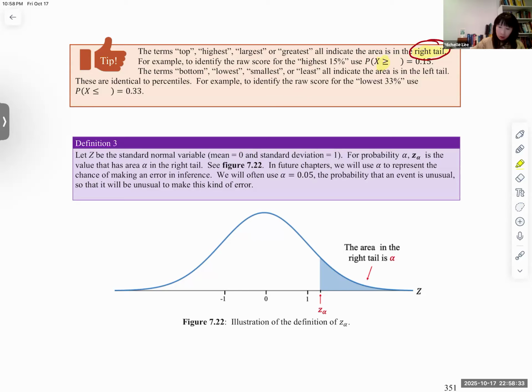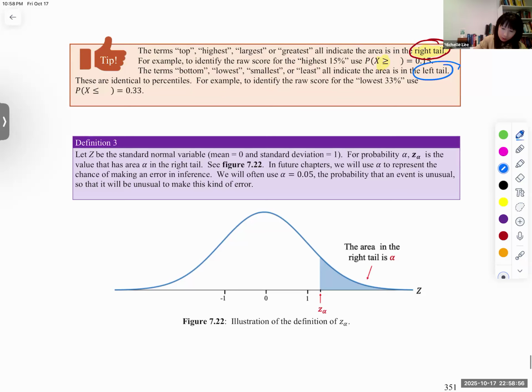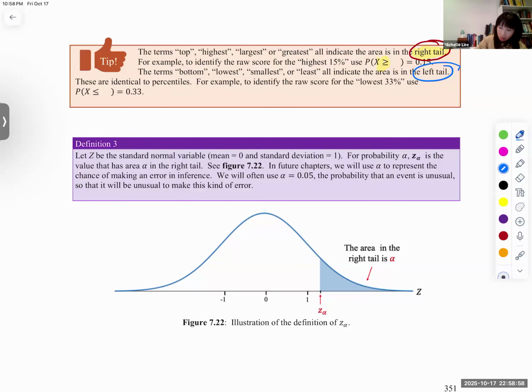And the terms bottom, lowest, smallest, least all indicate the area is in the left tail. Good point. So we are using the inequality less than or equal to for the left tail. Clear?